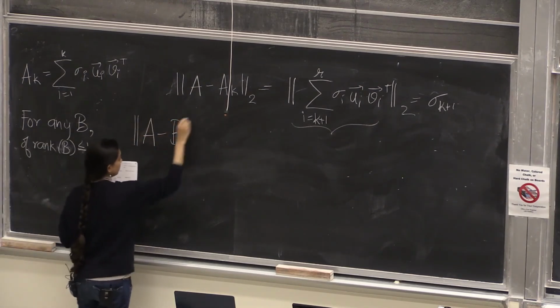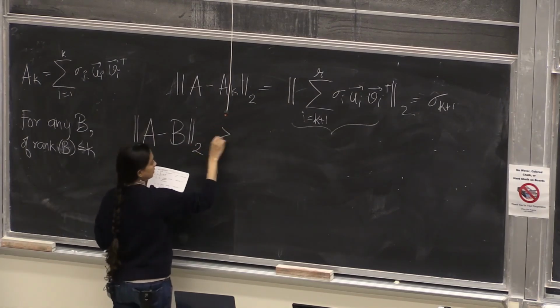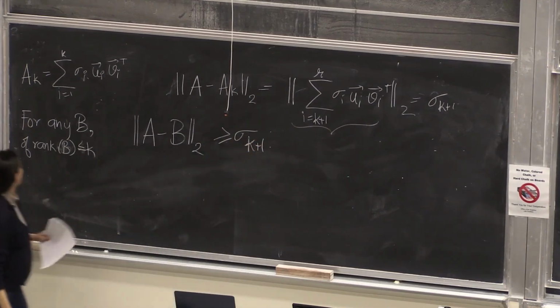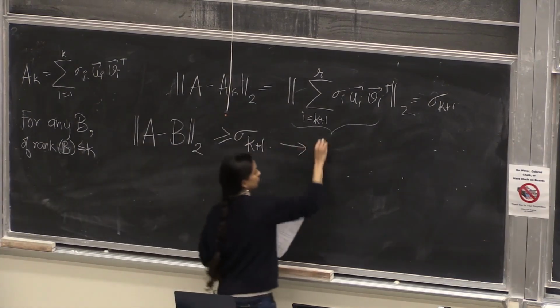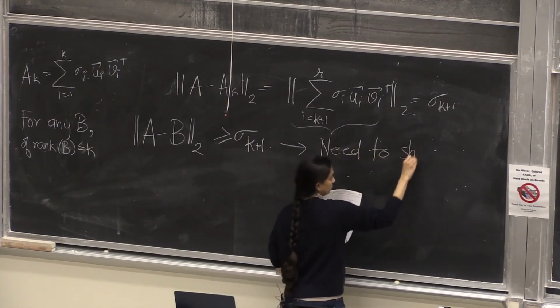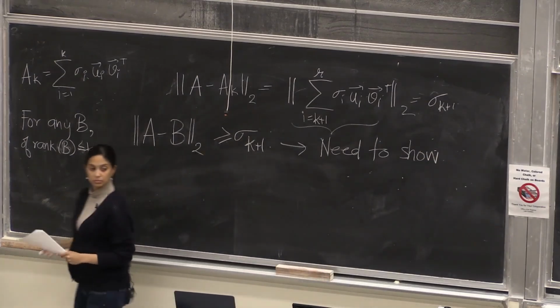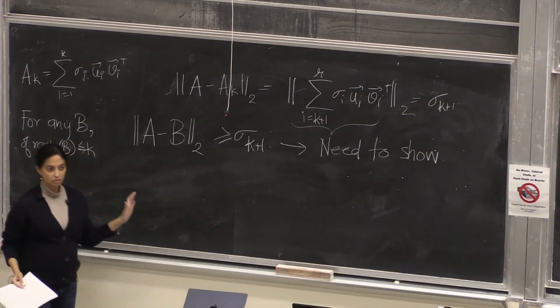A minus B 2 norm must be greater than or equal to sigma K plus 1, right? This is what I need to show. Yes, everyone with me?